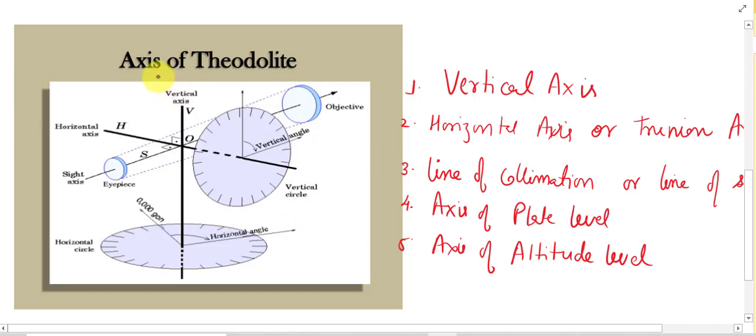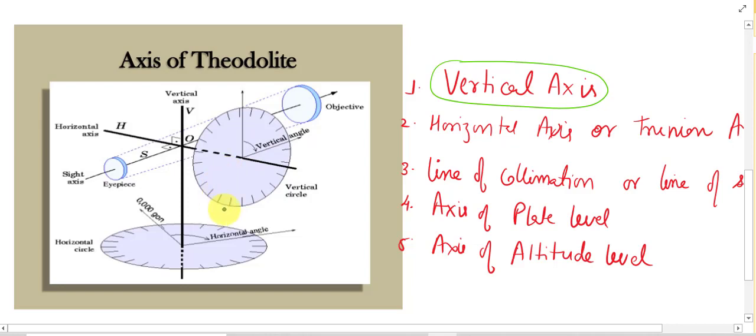So first of all, what is an axis? Axes are imaginary lines, and you have to visualize these imaginary lines whenever you deal with a theodolite survey. The first axis is my vertical axis. What do we mean by the vertical axis?